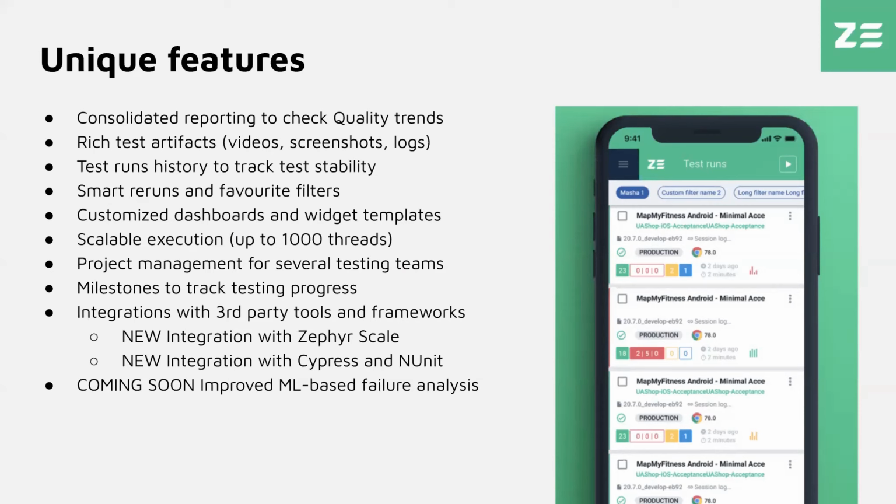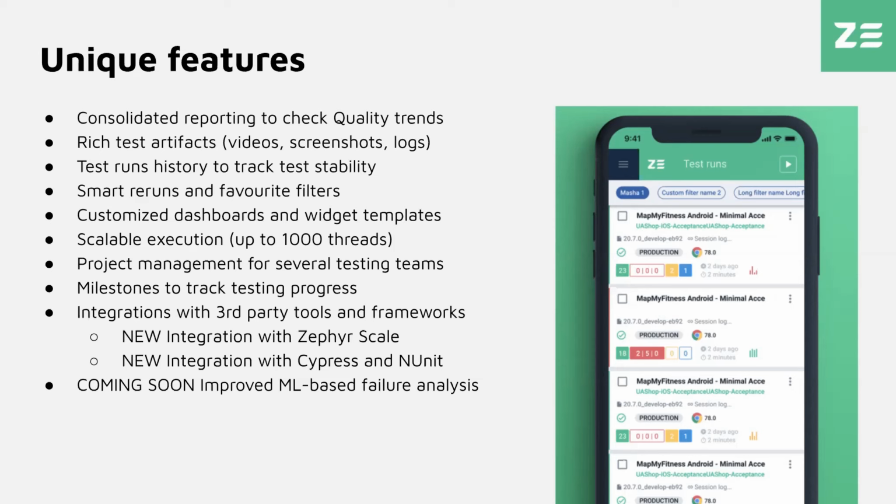With Zebrunner, you can be sure that your product quality is always under control, as you can check failures with rich test artifacts like videos, screenshots, and logs. You can use test runs history to track the stability of your tests and perform smart reruns. You can manage the growing number of tests with favorite filters. This allows you to organize thousands of tests easily and manage them in a few clicks.